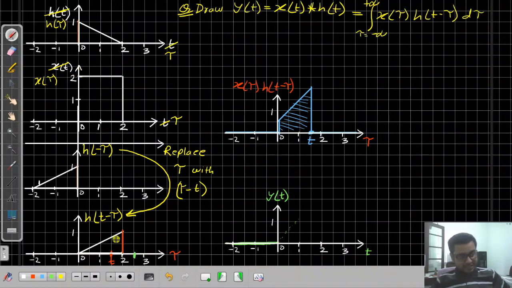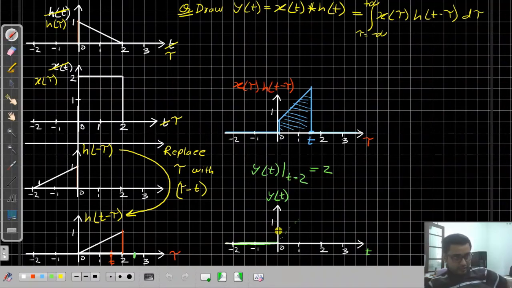Now this area is how much? This is 2 into 1 divided by 2 because of the triangle. So this area is 1, this is 2. So the area under this product at t equal to 2 will be 2. So y(t) will be equal to 2 at time equal to 2.